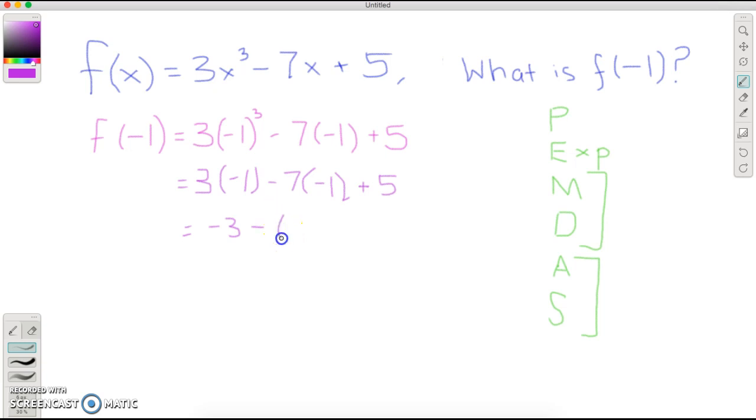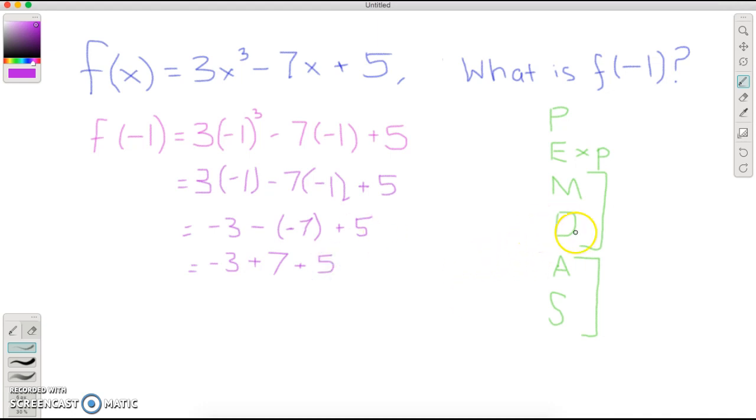So this is going to be negative 7. So it'll be minus negative 7 plus 5. If this confuses you, or if this is somewhere you normally trip up, what you can do is take these 2 negatives and turn it into a positive. So that will be negative 3 plus 7 plus 5.